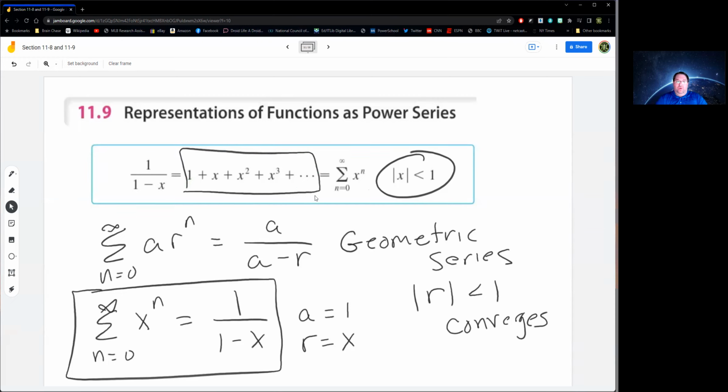So we can use this series to come up with a series and then do the rules of calculus to come up with what that series is. It allows us to integrate some functions that we couldn't normally integrate.